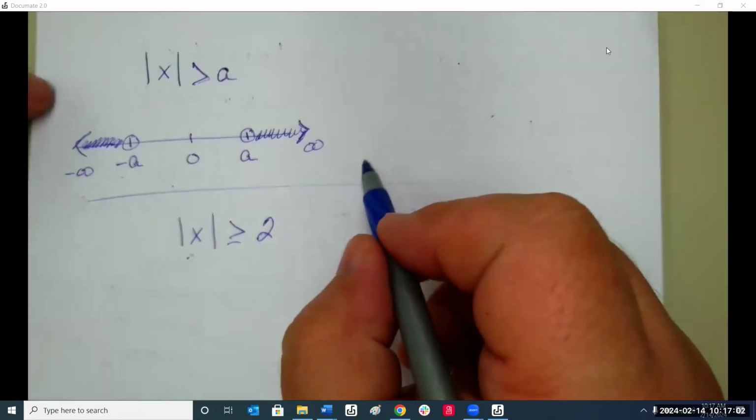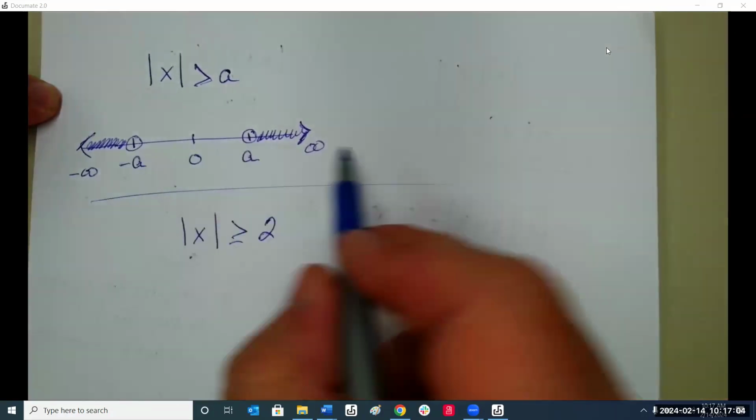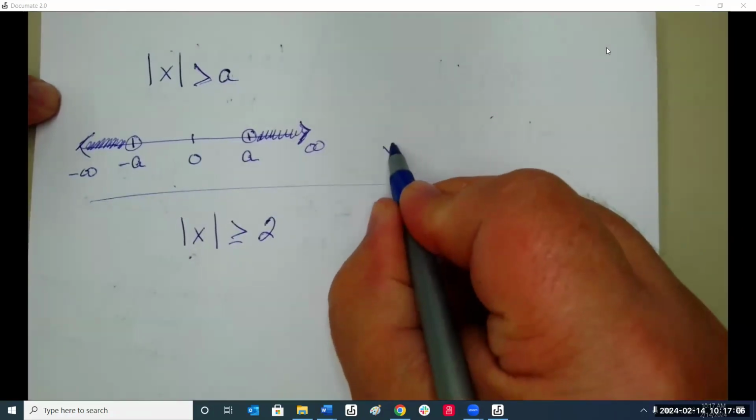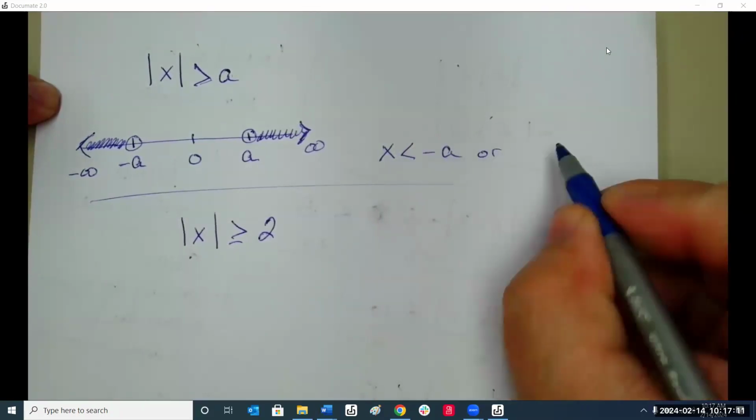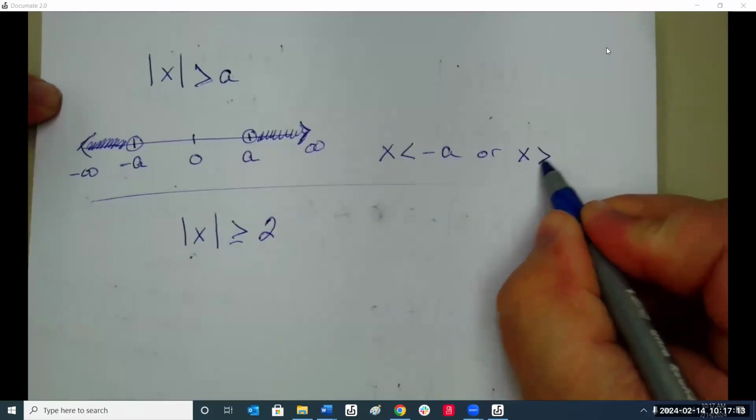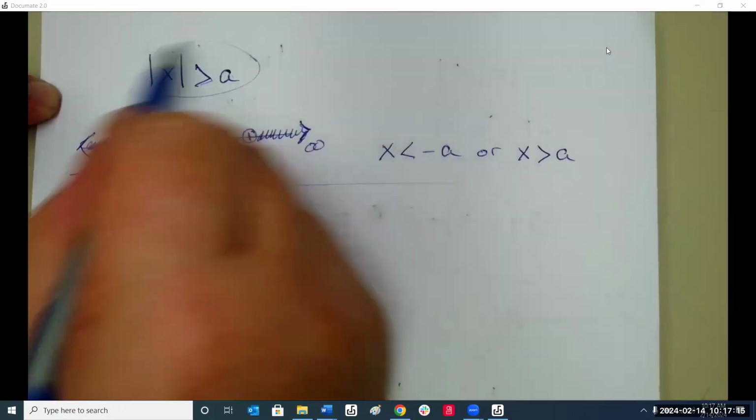So to finish this, what this represents is x is less than negative a, or x is greater than a. That's what happens to that one.